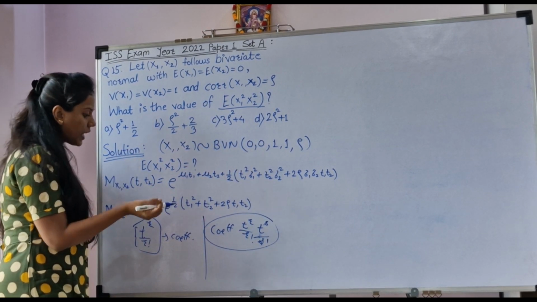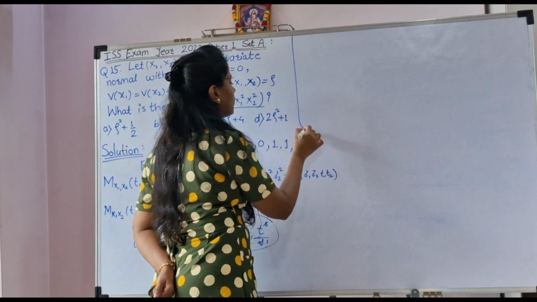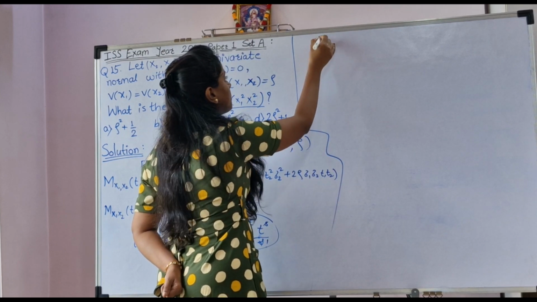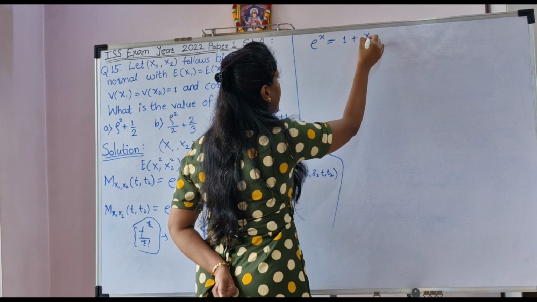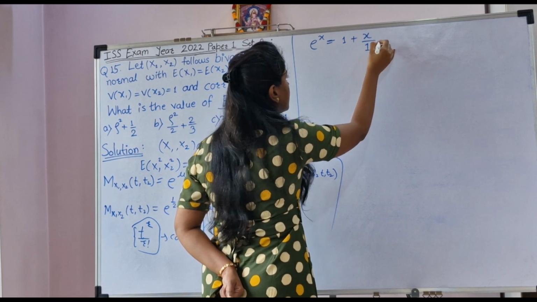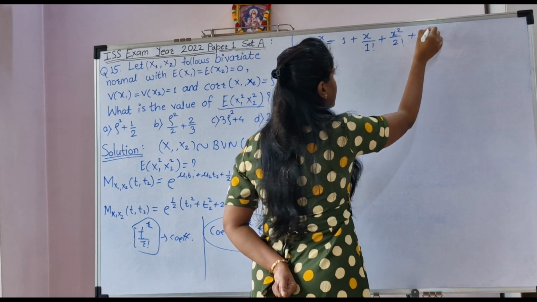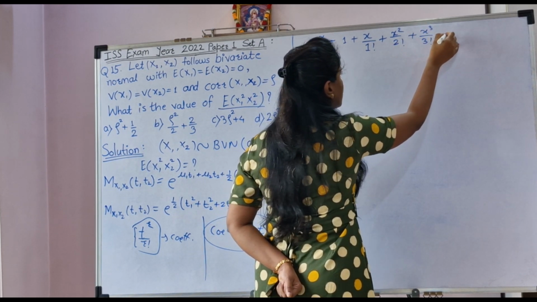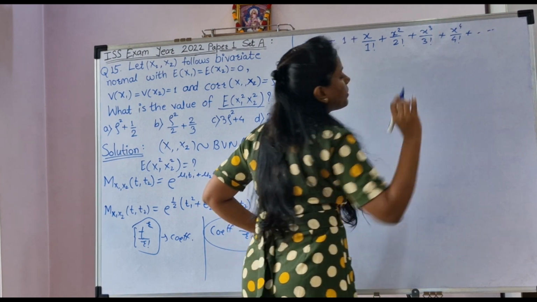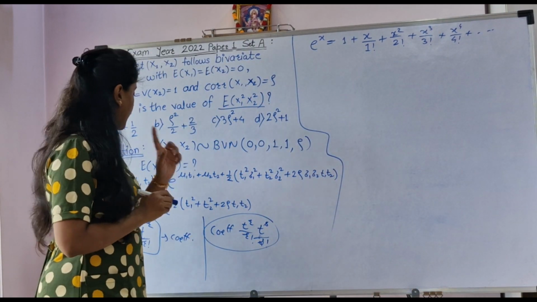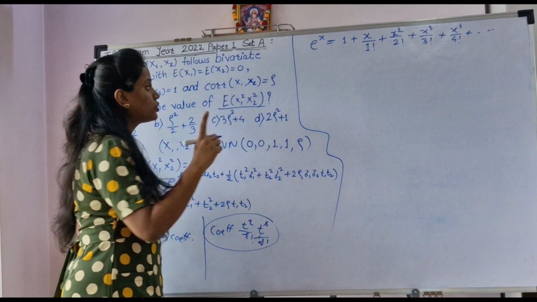If we want to expand it, what is the formula for that? Here e to the power x is given as 1 plus x upon 1 factorial plus x square upon 2 factorial plus x cube upon 3 factorial plus x to the power 4 upon 4 factorial, and so on. Here we want to find the expectation of X1 square X2 square.